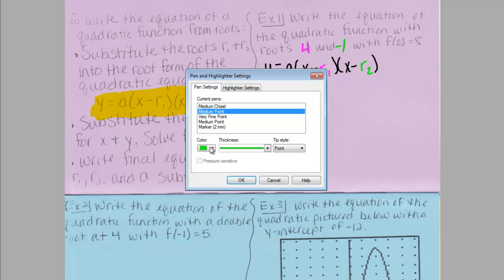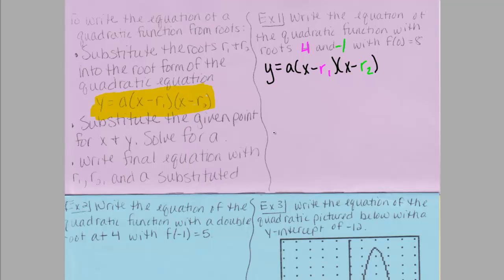Okay, so whenever I fill in those parts, that's where they come from. So y equals a, x minus 4, and x, it normally is minus, our equation says minus, but our R2 is -1, so minus a -1 is really plus 1.